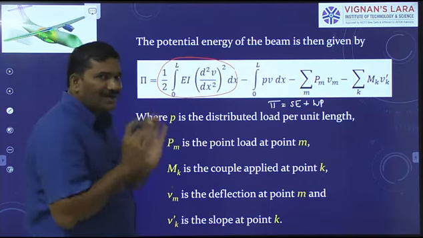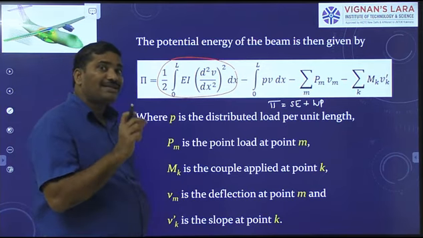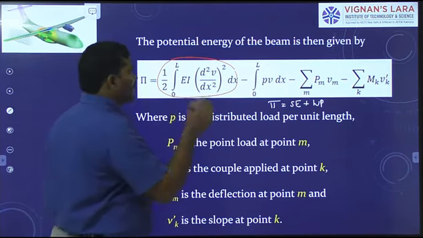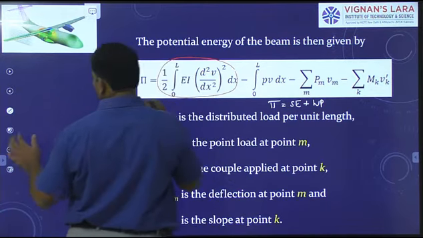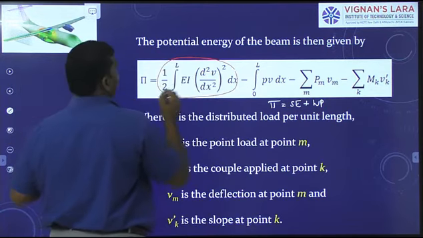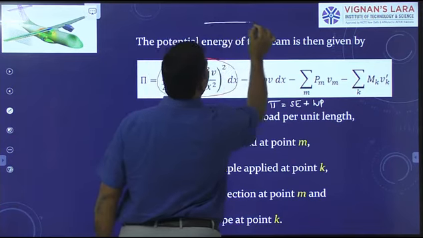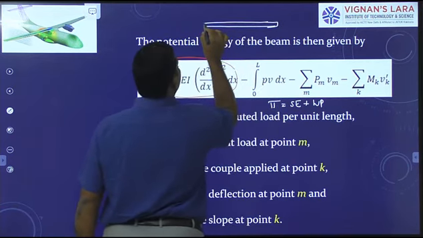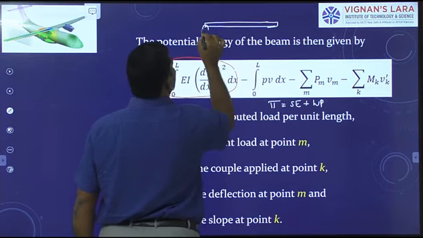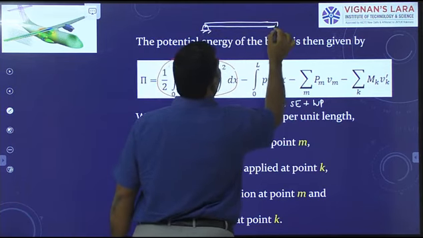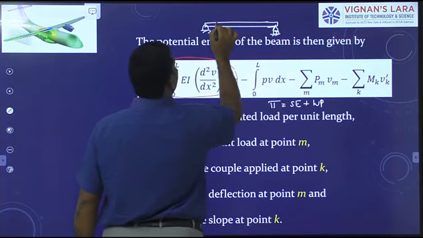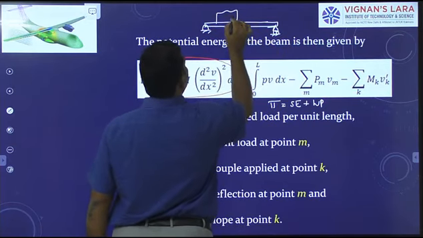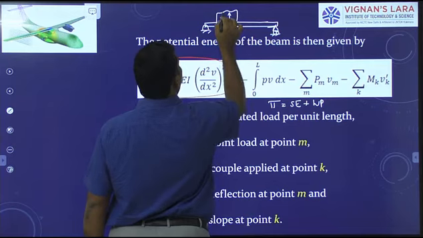We have considered an element of length dx. Observe carefully: we have taken a beam of this type, with one end hinged and the other end supported on rollers like this. Here, this is the distributed force acting vertically upwards.